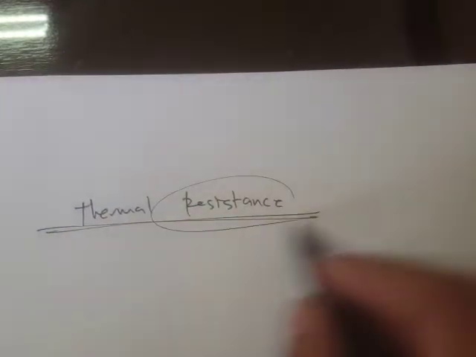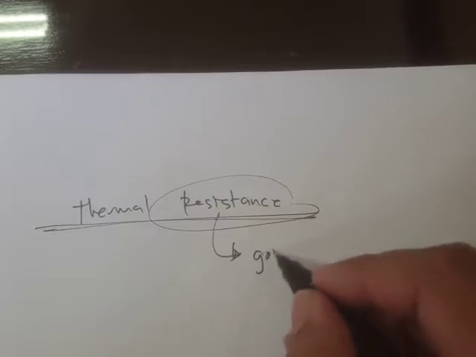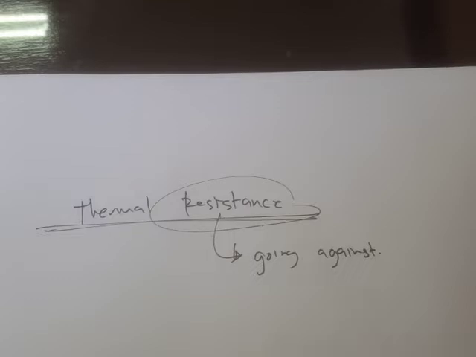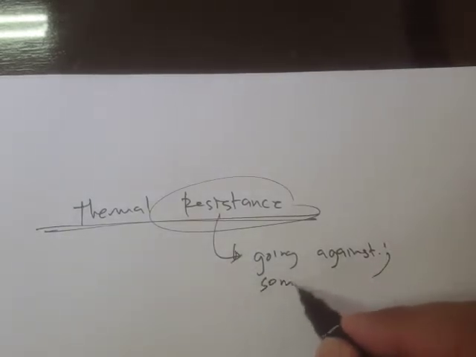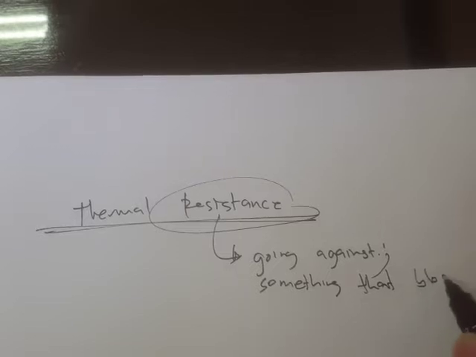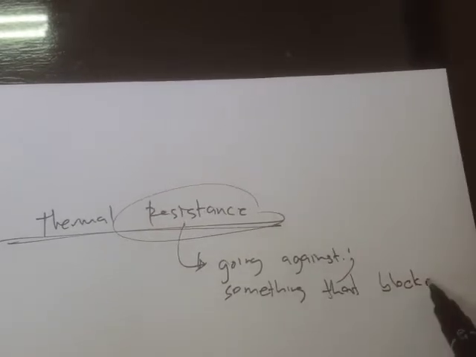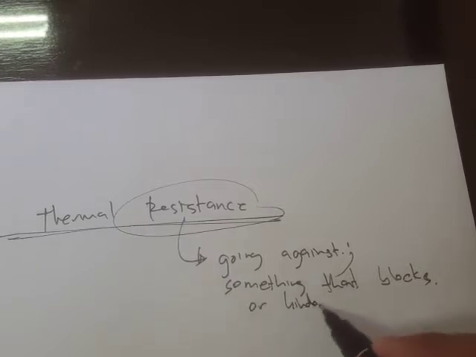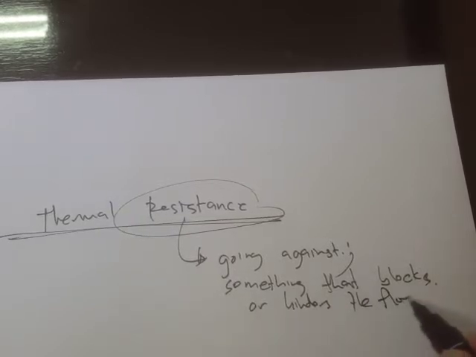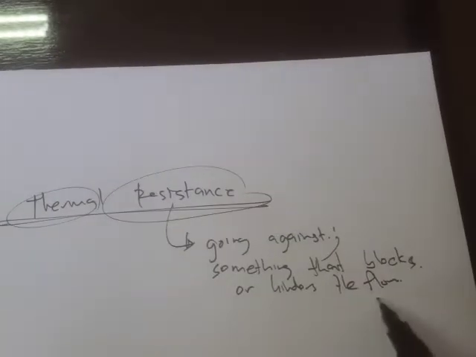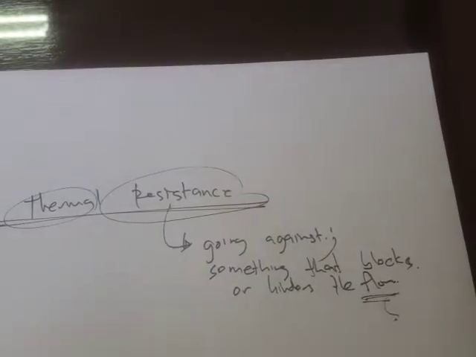When we say resistance, it's something that goes against the flow, something that blocks or hinders the flow. And when we say thermal, of course we are referring to the flow of heat.